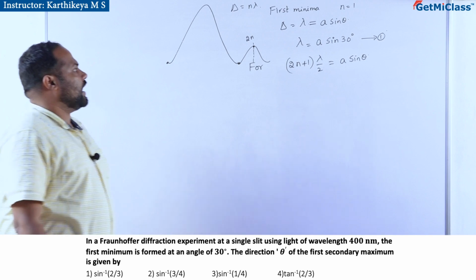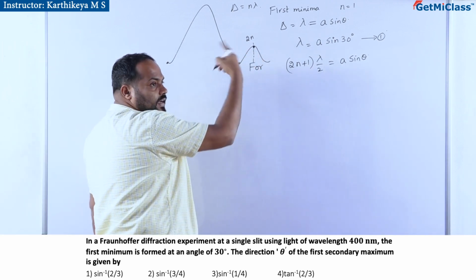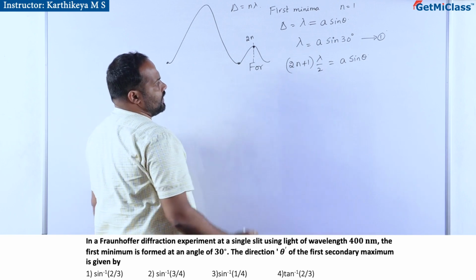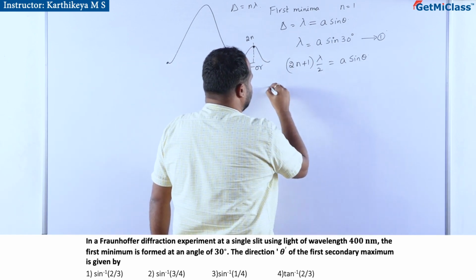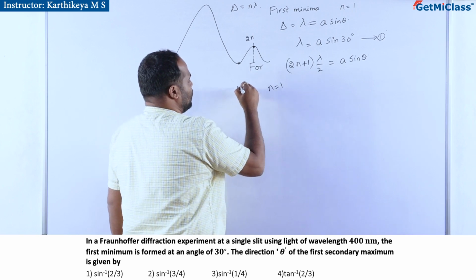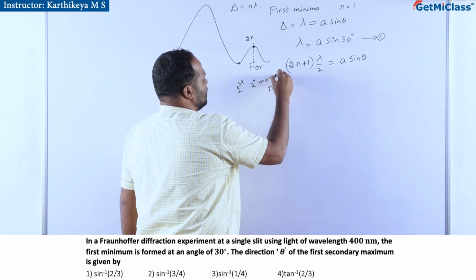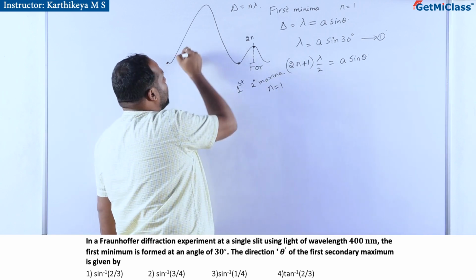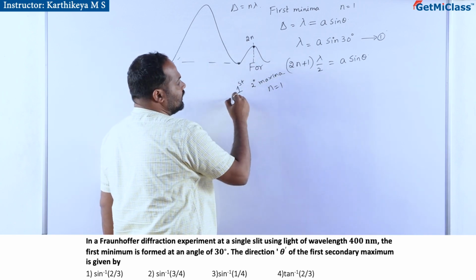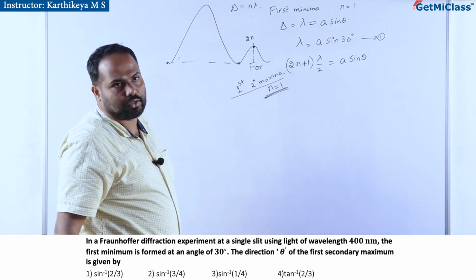This is the angular position of the secondary maxima, first in order. So here n is equal to 1. This is a maxima, the first maxima after the central maxima, so it is of the order 1. So you have to substitute n is equal to 1.